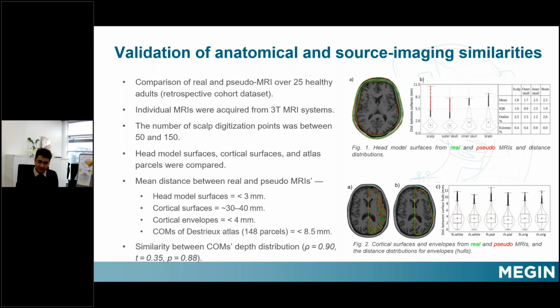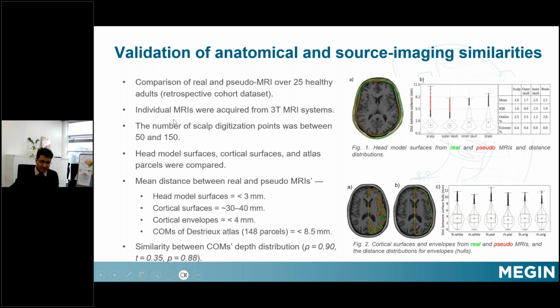However, we recommend that if you are going to use this pseudo-MRI, or in general, if you take the digitization data accurately, you can improve several other aspects, for example the co-registration and the different transformations involved in the whole pipeline. So it is recommended, but in this case, we didn't take any particular care.